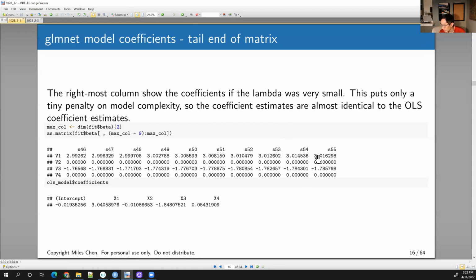But you can see that with a minimal amount of penalty applied, the coefficients are 3.016, 0, and negative 1.78, versus the OLS coefficients of 3.04 and negative 1.84. So over here we have something very close to the OLS coefficients.